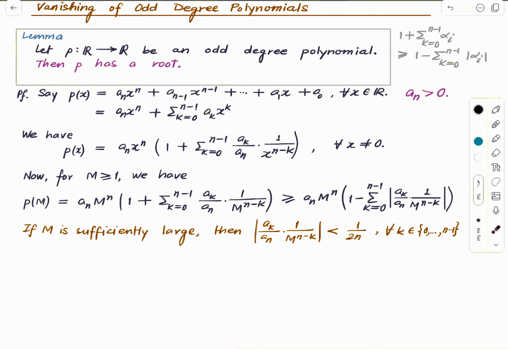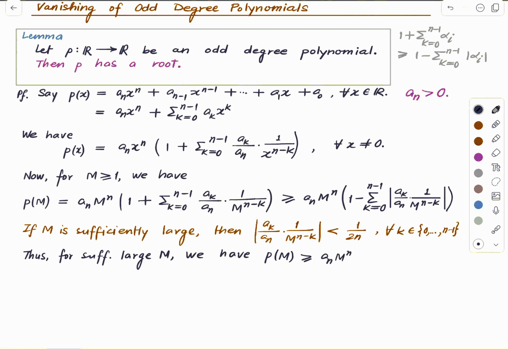You should be able to do this immediately by now, because if m is large, then these numbers go to 0, and hence the same is true for this. And since there are only finitely many things, you can say it for all of them. So just justify this line. And therefore, thus for sufficiently large m, we have p(m) is at least this much.